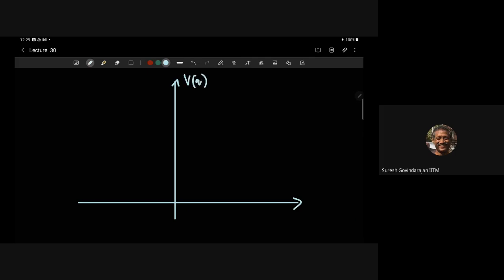Let me just draw one graph for 1D. Suppose I have some potential like this. Now here we can see that I'm marking with X's all the regions which are fixed points. So we have 5 fixed points here.